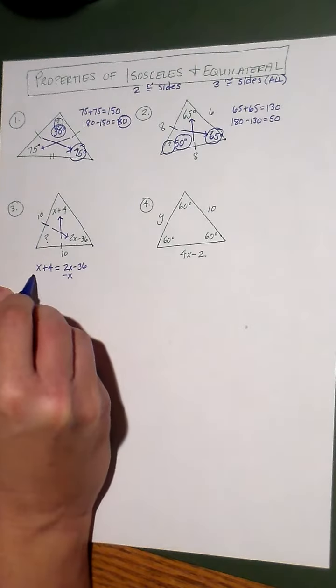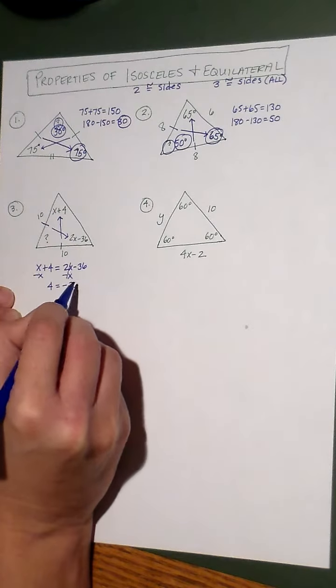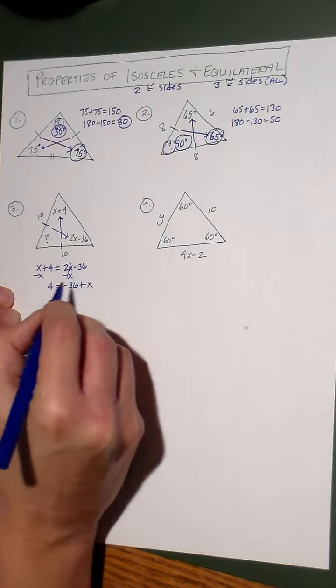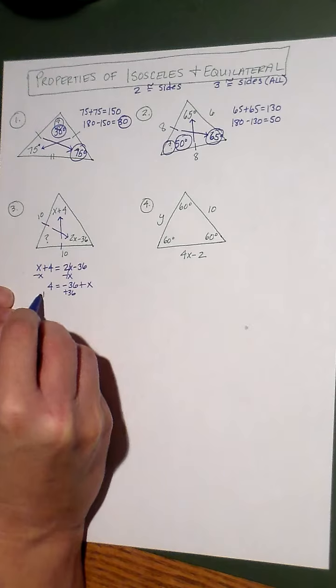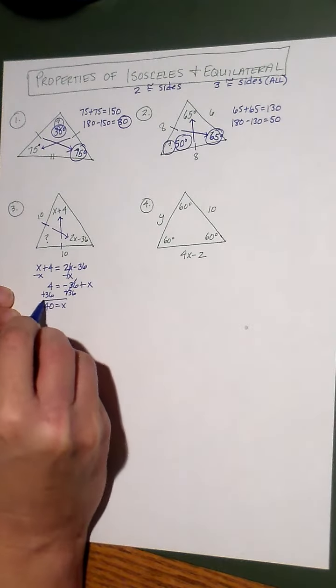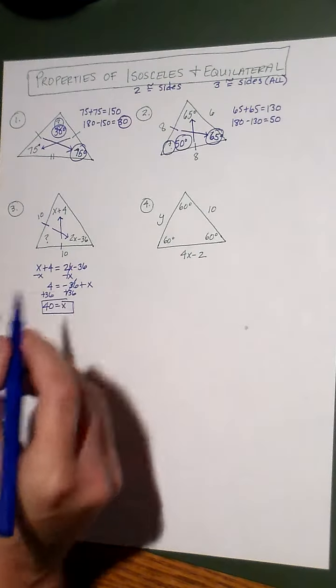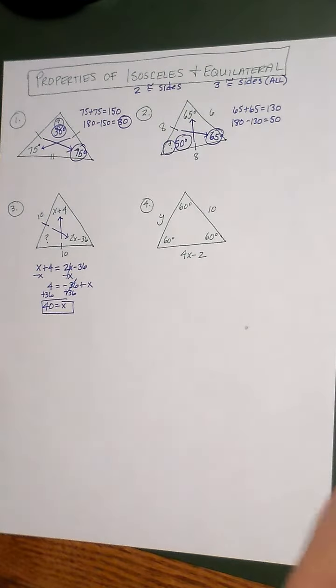I'm going to subtract x. So 4 equals negative 36 plus x. I'm going to add the 36. So x is 40. So that means if x is 40, how do I find the two angles?